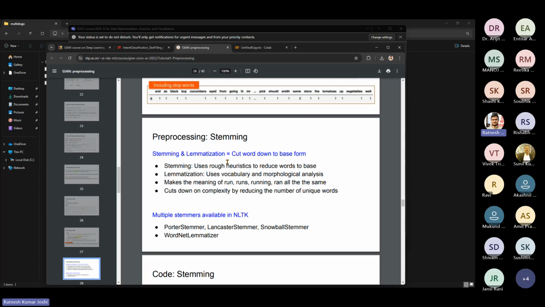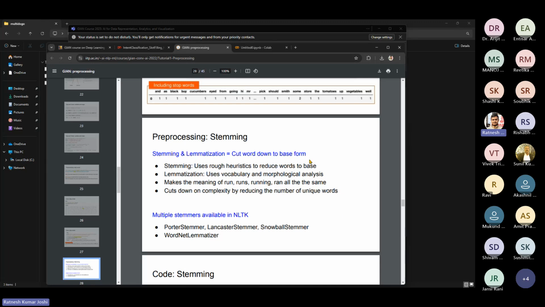The idea of stemming is that it uses rough heuristics to reduce words to their base words, while lemmatization does the same reduction, but it is based on vocabulary and morphological analysis. So basically, in stemming you just remove the end portions or start portions of a word, but for lemmatization you would also focus on verb, noun, pronoun, and how the information is varied.